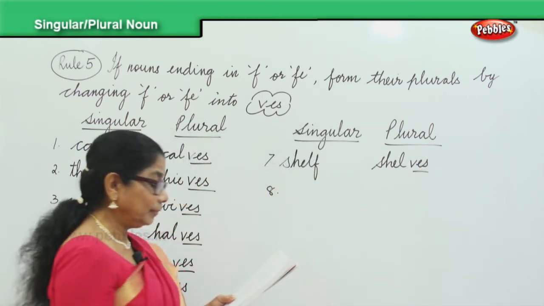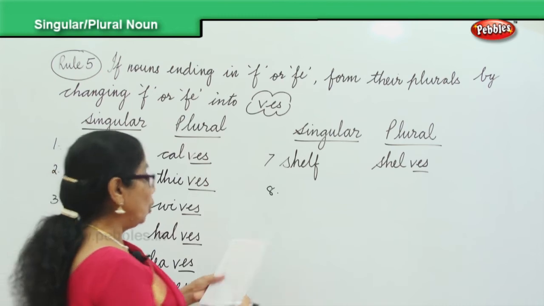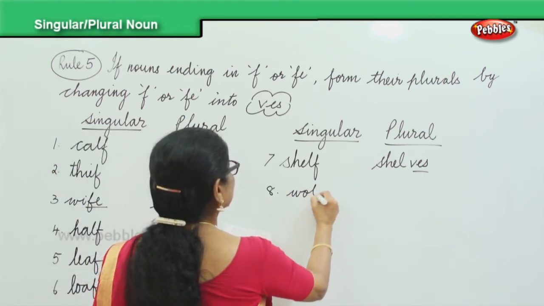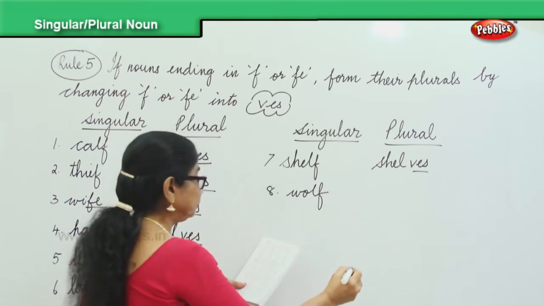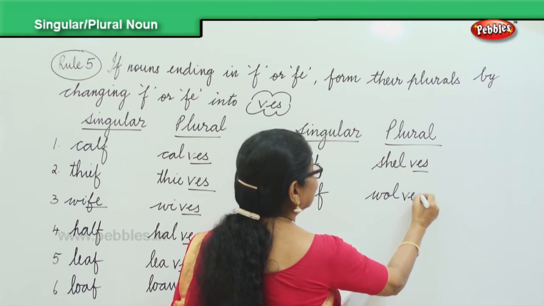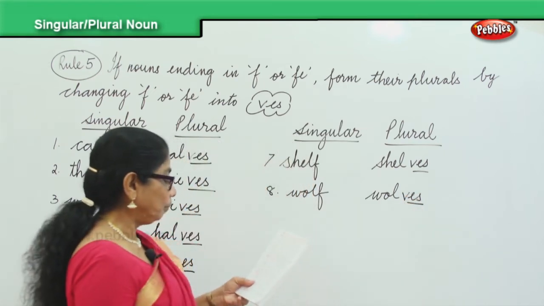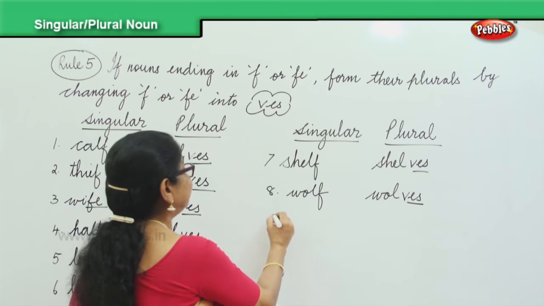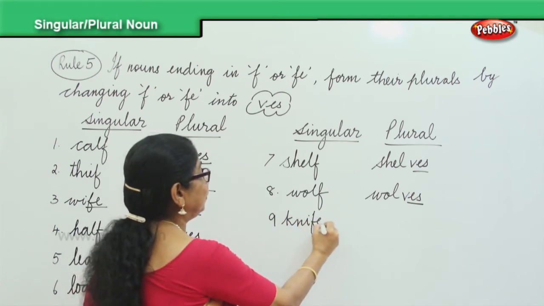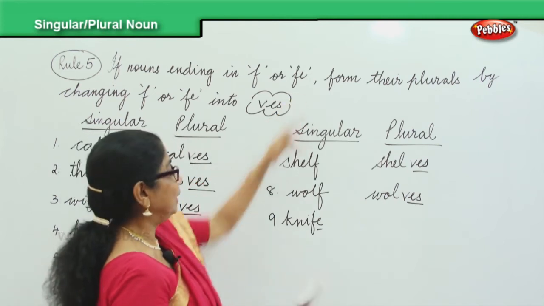Then you have thief, I finished. Wolf. VES. Wolves. Then I have here knife. FE. Here you have FE.